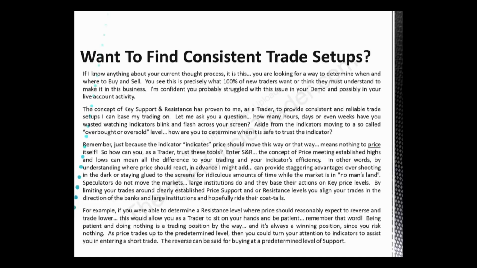So it's important that you understand in clear terms what you do when price gets to these specific price levels. If price trades up to a quote-unquote key resistance level, what specifically are you going to be doing once price gets there? Well, in a real short list of means of deciding, when price trades to a resistance level you should be looking for signs of pausing and or reversing.